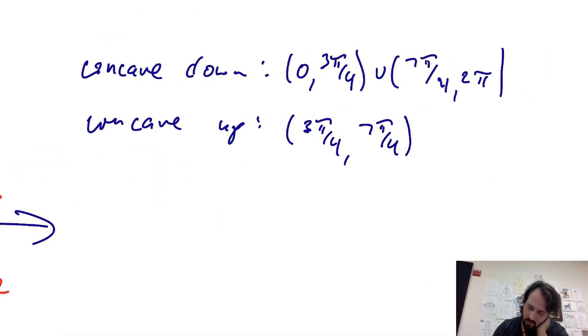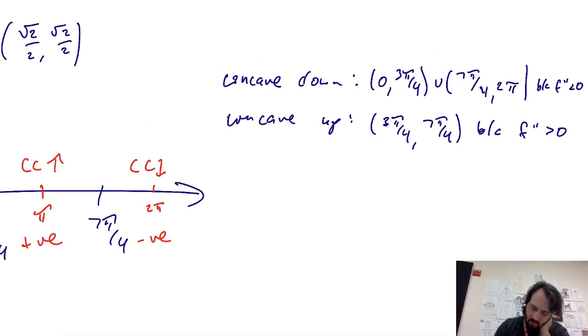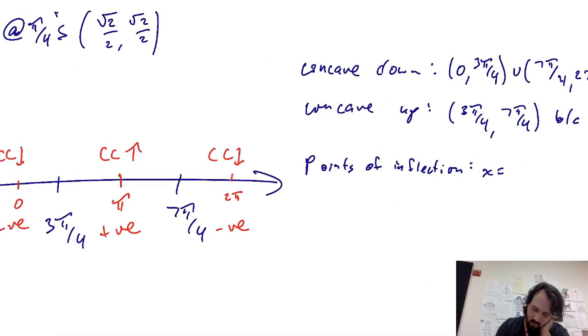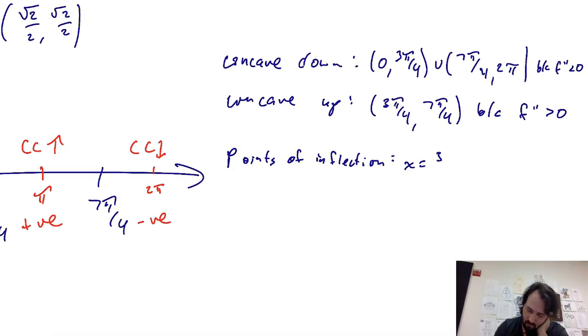Right, and I need to add my justifications because f double prime is less than 0 and because f double prime is greater than 0. And then I have points of inflection. X equals 3 pi over 4 and 7 pi over 4.